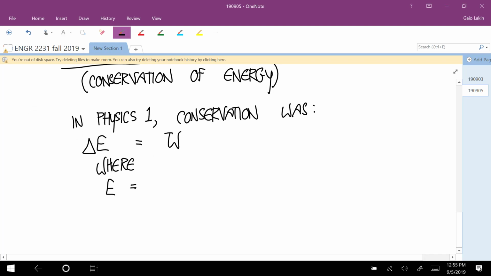E was the sum of the change in kinetic energy plus the change in potential energy. Well, the change in energy was the sum of those changes.